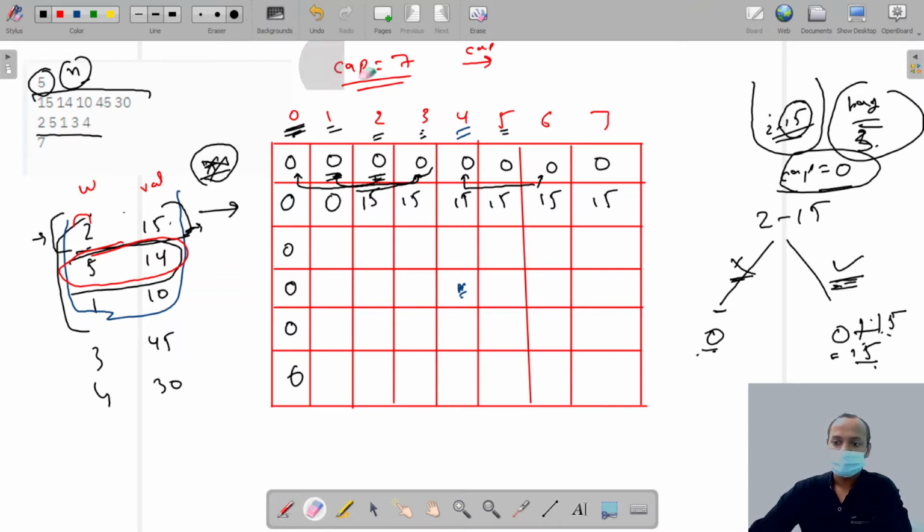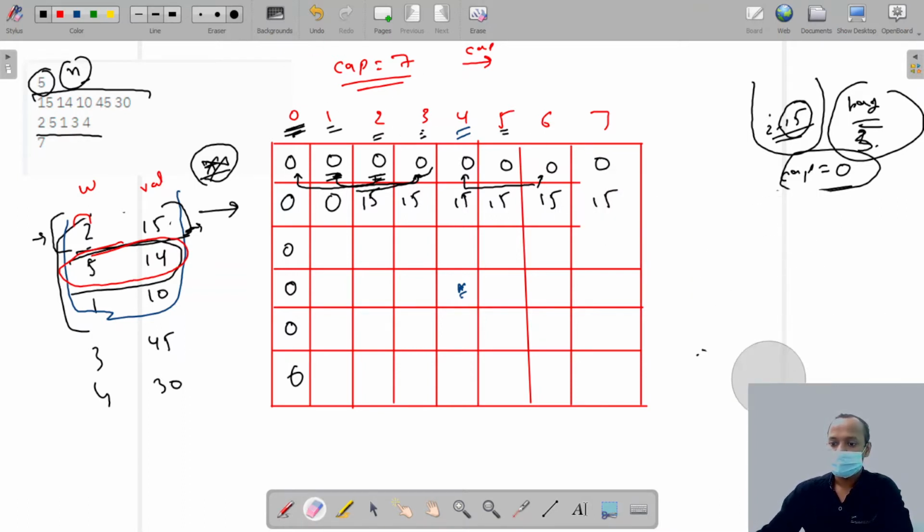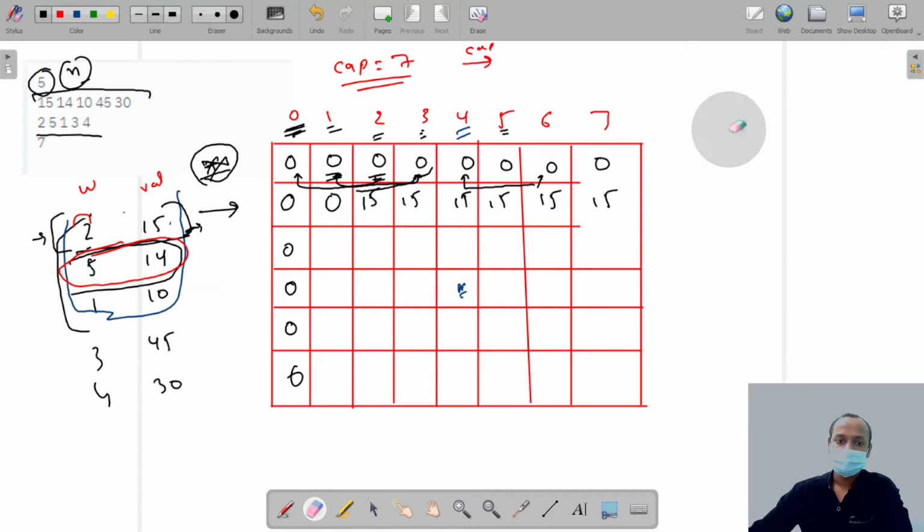Okay, now let's see here. Now we are at this item. So we can only take this item.